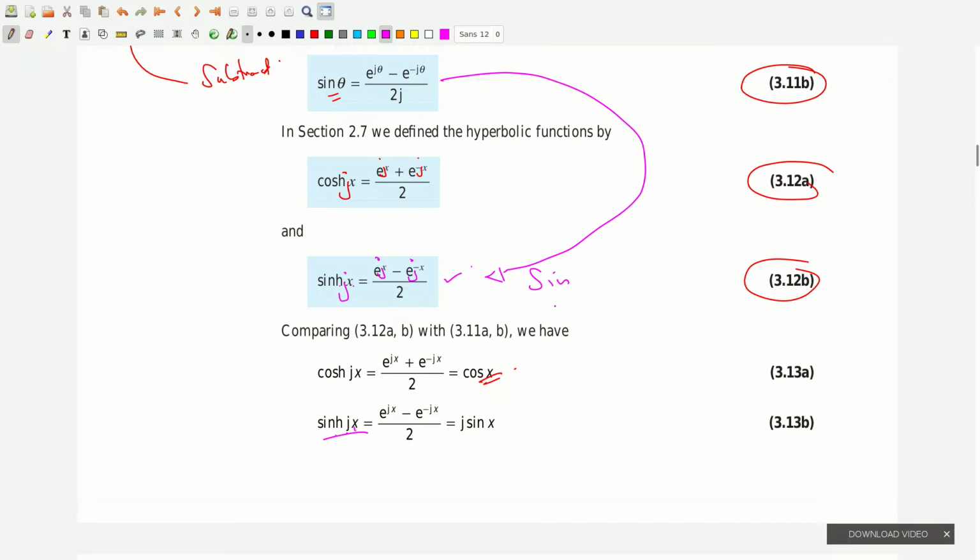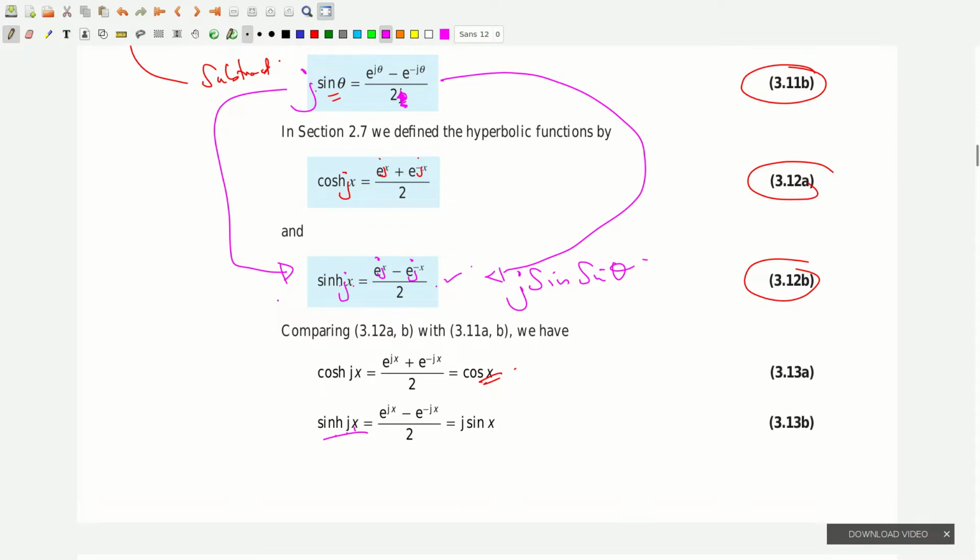Let me see: e^(jx) minus e^(-jx), divided by 2, is just j sin theta. You can put the j here, and then you remove that. This is exactly what we have here.